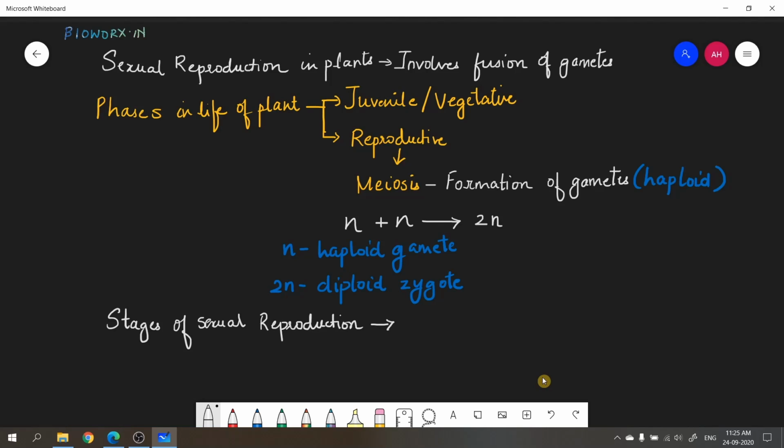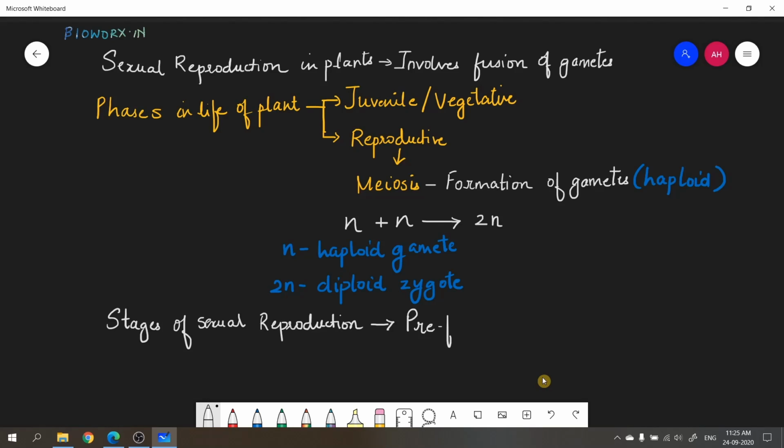The 3 stages occur in sequence, please remember that these are sequential events. They occur in a particular sequence, one after the other.